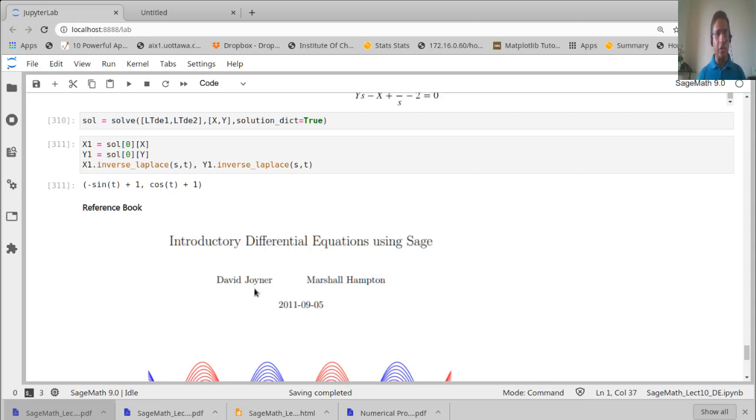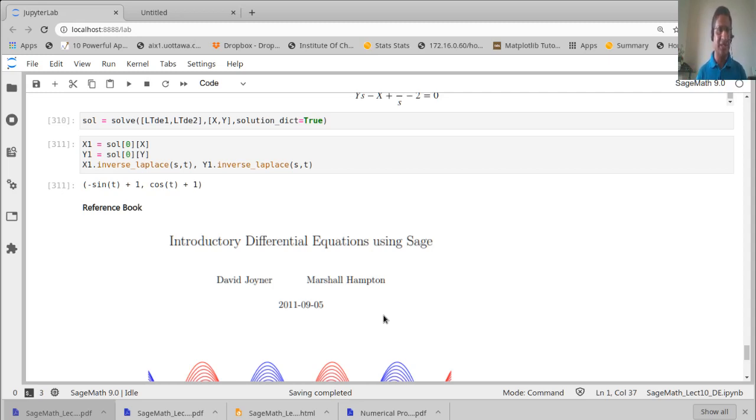Joyner is actually one of the contributors of Sage, and when you see the help manual on desolve, you will see his name as a contributor. So you can go through this. Some of the examples I have taken from this book, and you will also see one or two examples of solving partial differential equations with Sage.